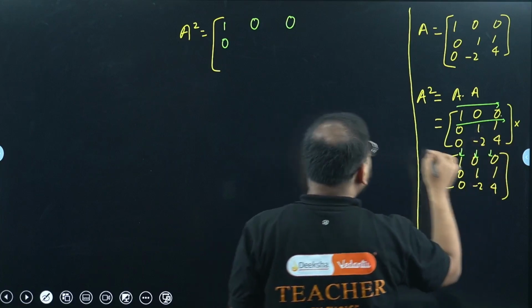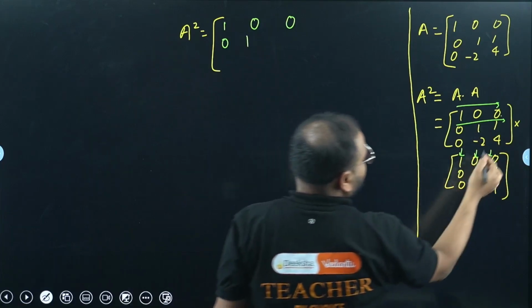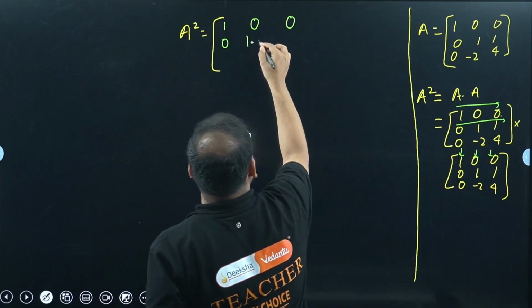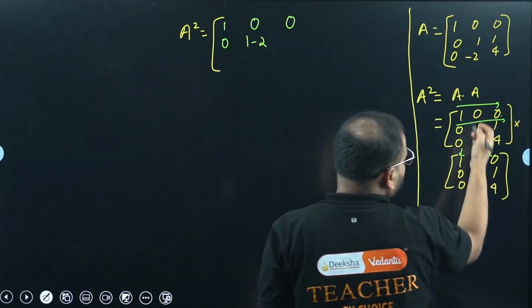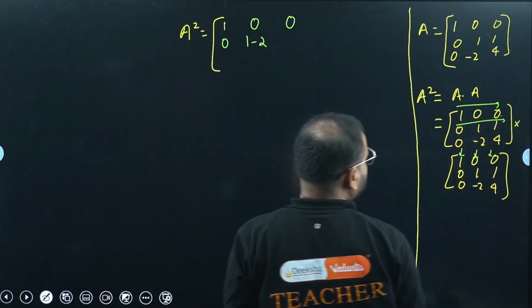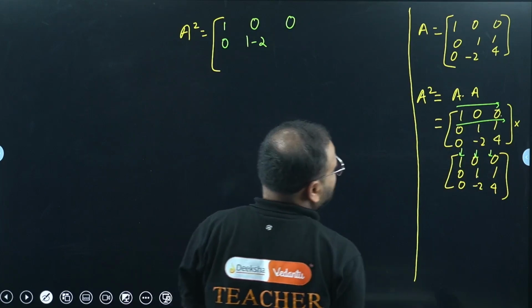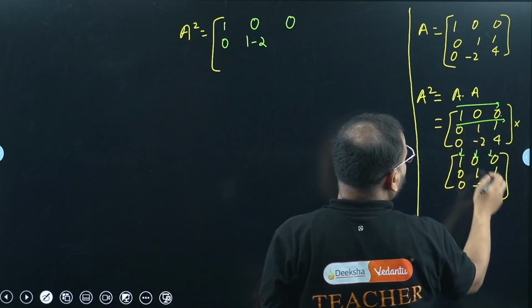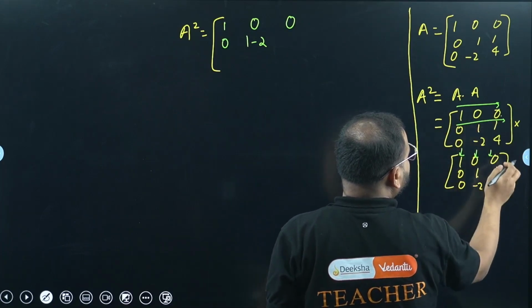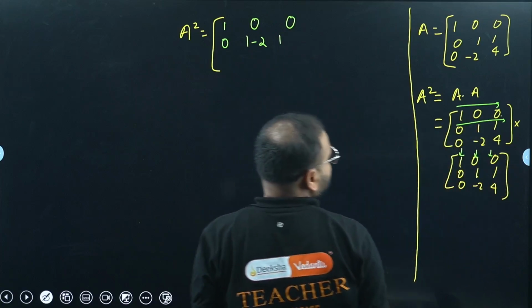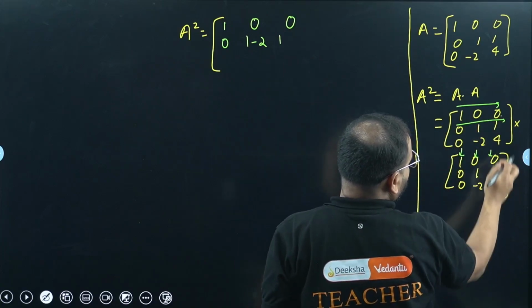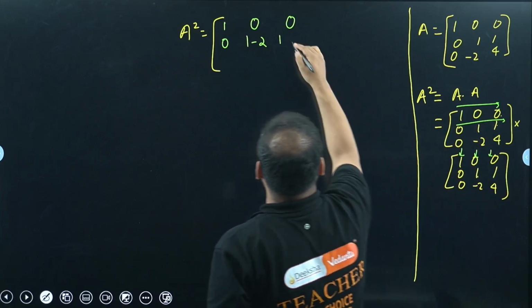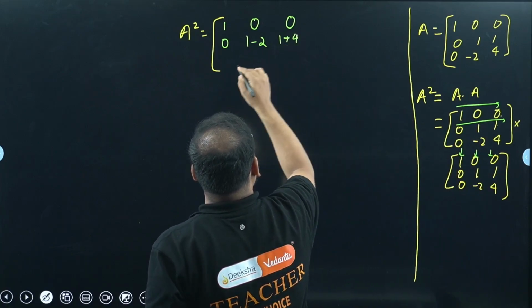And 1 with minus 2, so minus 2. Next, second row with third column: 0 with 0, 0. 1 with 1 is 1. And 1 with 4, so plus 4.